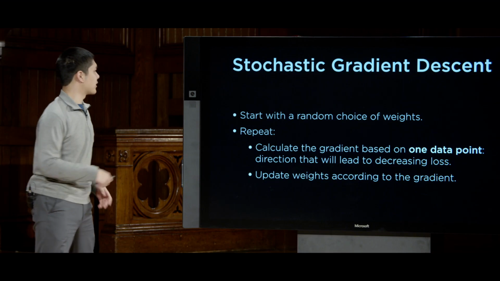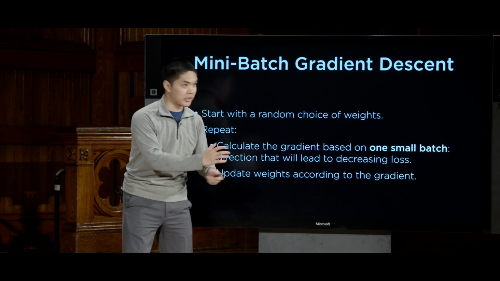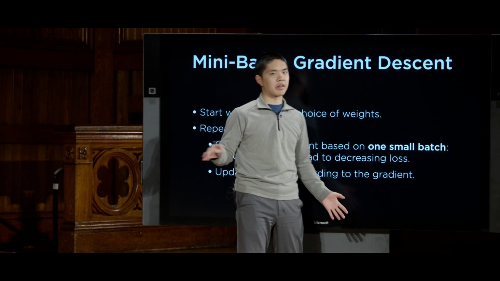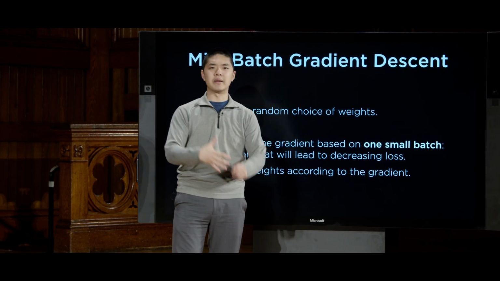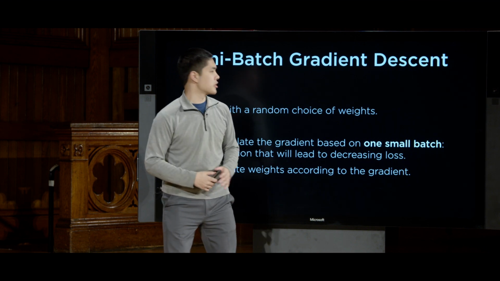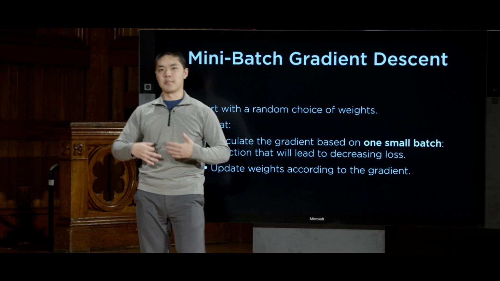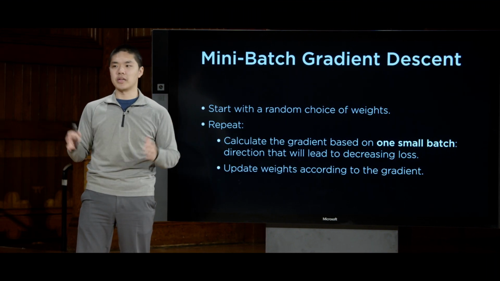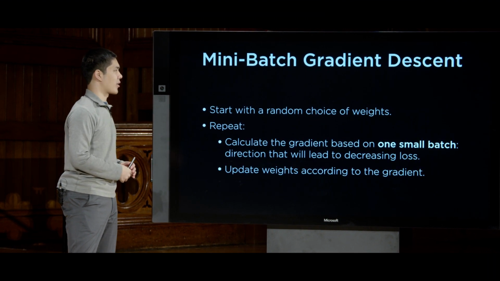And it turns out that a middle ground that is also quite popular is a technique called mini-batch gradient descent, where the idea is that instead of looking at all of the data versus just a single point, we divide our data set up into small batches, groups of data points, where you can decide how big a particular batch is. But in short, you're just going to look at a small number of points at any given time, hopefully getting a more accurate estimate of the gradient, but also not requiring all of the computational effort needed to look at every single one of these data points.